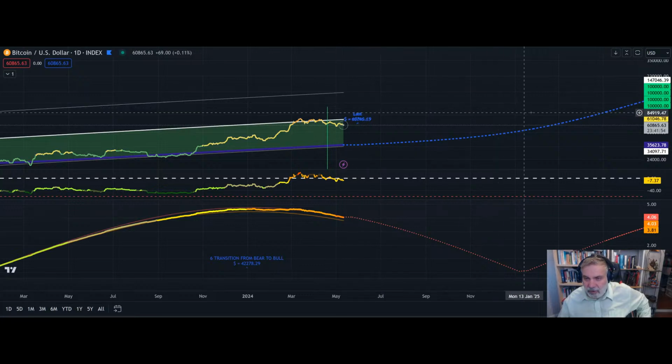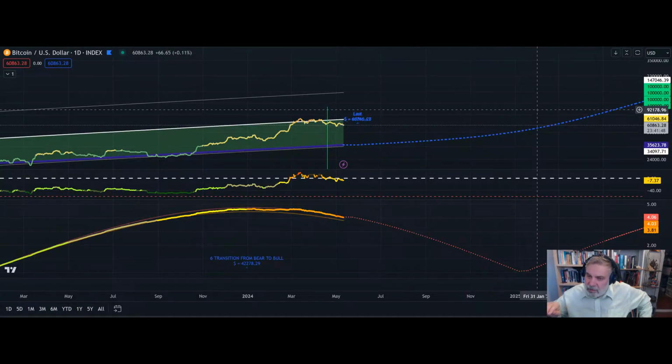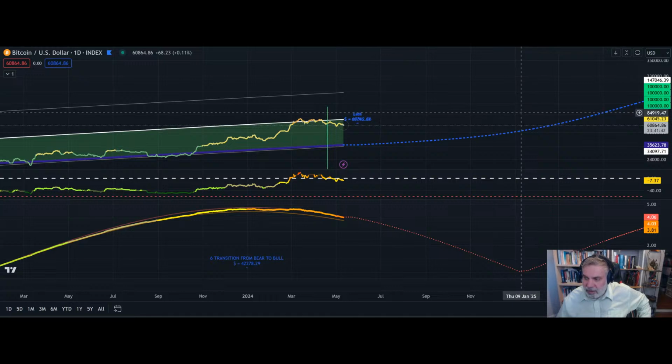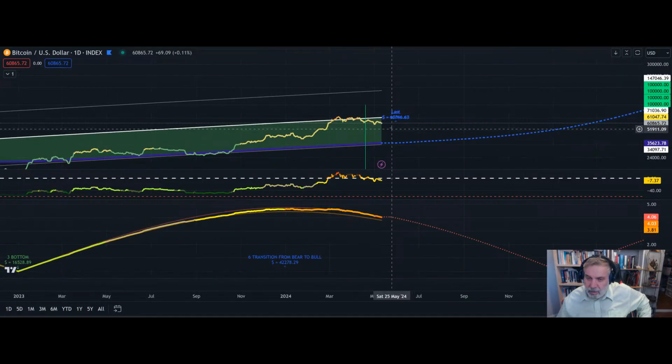Maybe we continue to stay close to that general trend. If we project it until we are ready for the full bull market, we should go up to 89,000, something like that. So even staying close to this trend line, it will make us go up, right? Slowly, but going up.